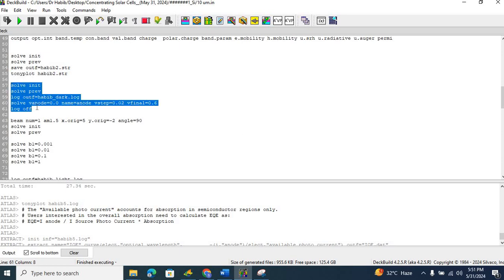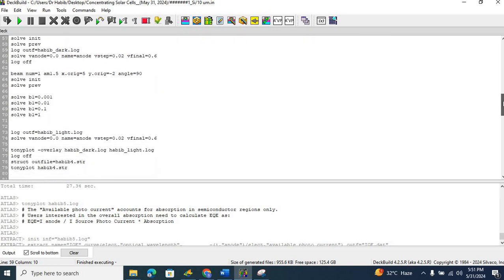Here in this block of code I am creating a log file of Habib_dark, and then I run a sweep from 0 to 0.6 volts for anode in order to look at the IV characteristics of this structure under dark conditions.